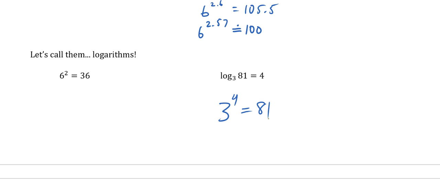And this is what you need to get familiar with: how to rewrite. But take a look. When it's 3 to the 4 and I do the exponent, my result is the 81, right? Exponent gives us this result. A logarithm starts with the result of an exponent and gives me the exponent. A logarithm, the equals on the right side, the thing that it's equaling to, is the exponent in this case.